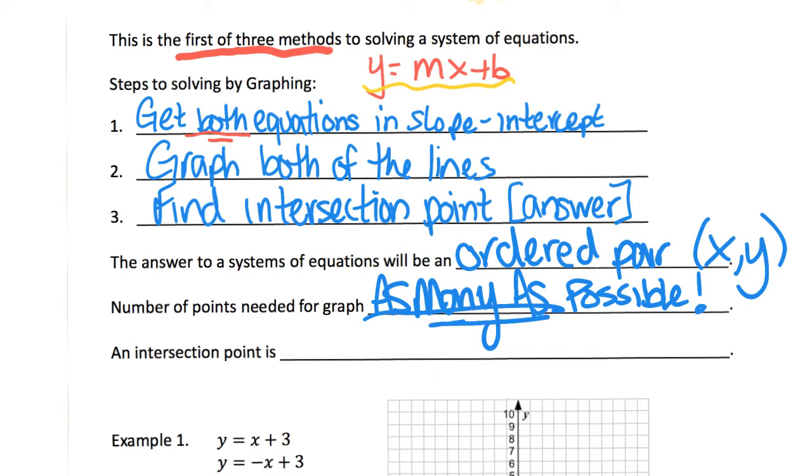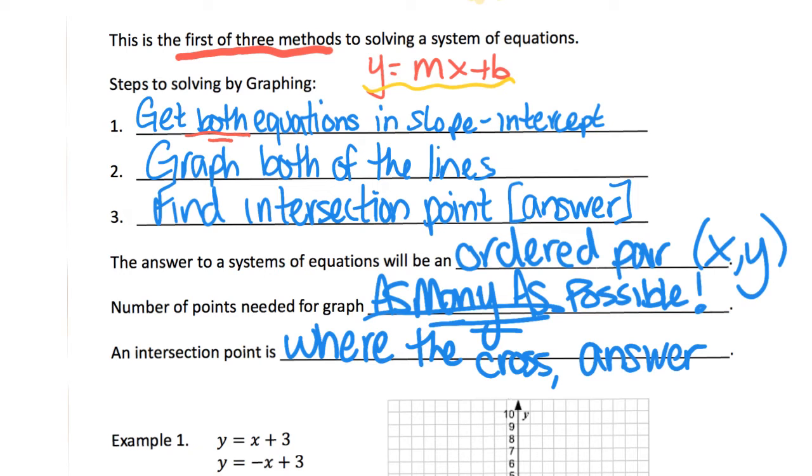You don't know where the lines are going to intersect, or what quadrant, so you need to graph as many as possible to cover the entire expanse of it. And again, the intersection point is where the lines cross, and that's going to be our answer.